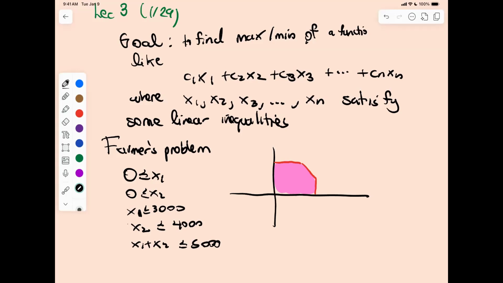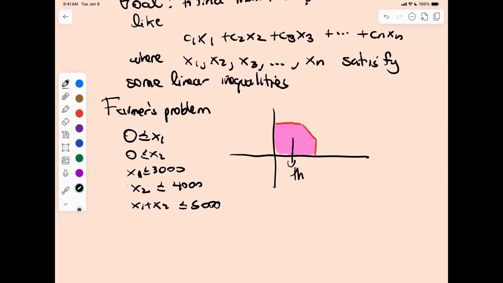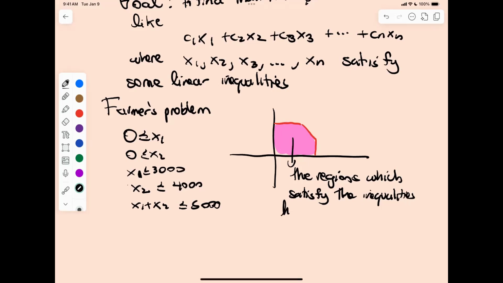So the point is that the regions which satisfy the inequalities have some nice properties, some nice features.